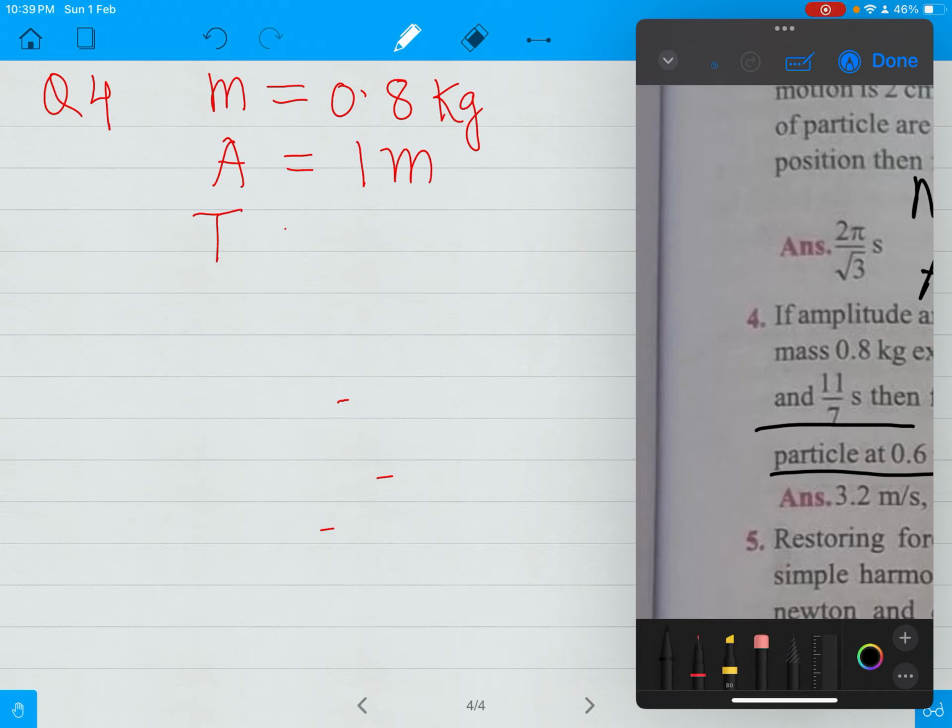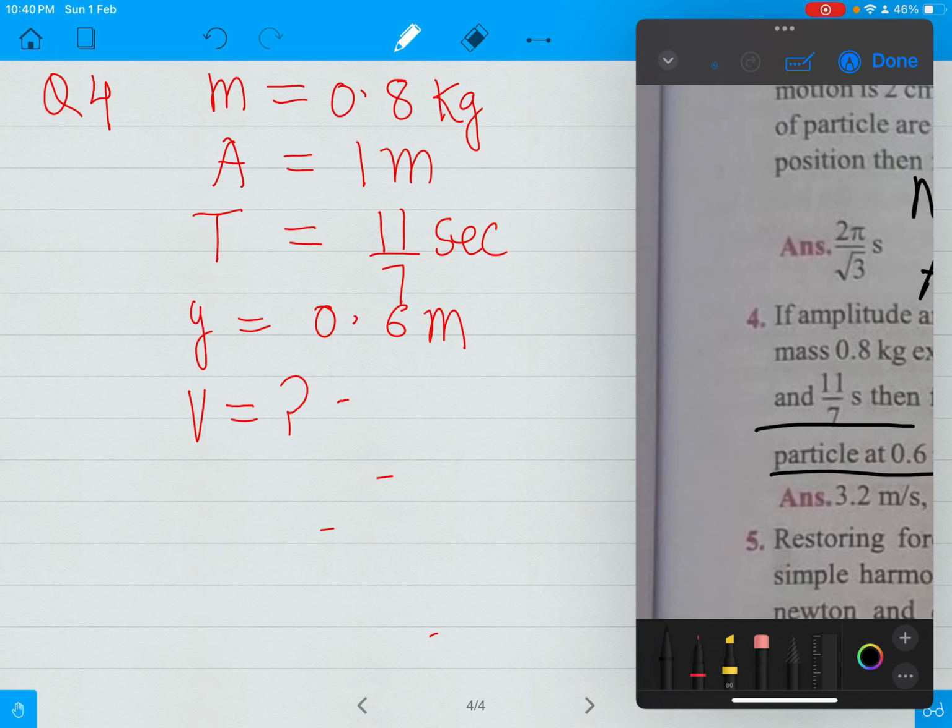Time period is given 11 by 7 second. And when y equals 0.6 meter, you have to find v and then kinetic energy K. It is clear.